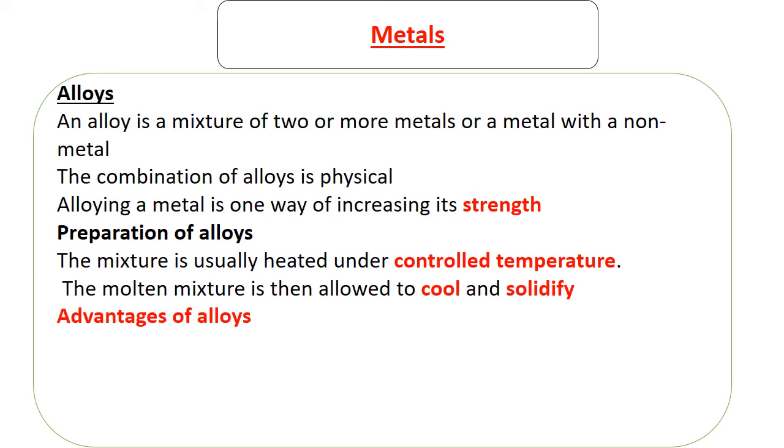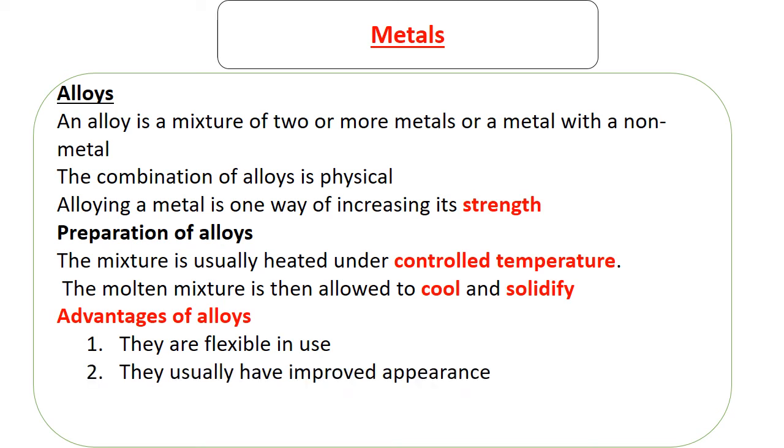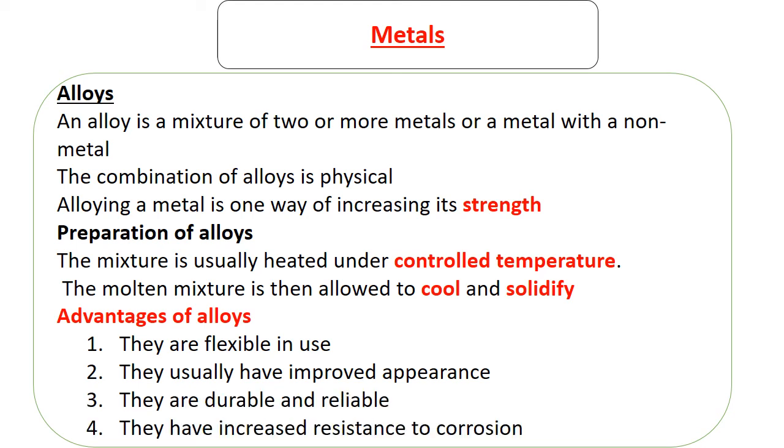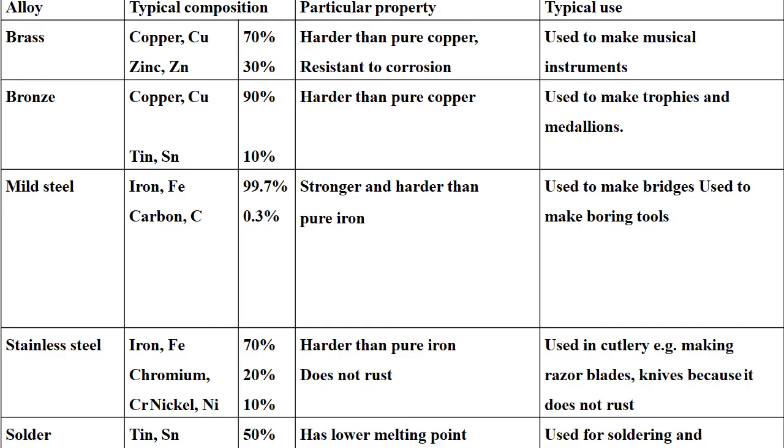So what are some of the advantages of alloys? The first is they are flexible in use because they have different properties that cater for different ranges of metals. Two, they usually have improved appearance. They are durable and reliable. They also have an increased resistance to corrosion.